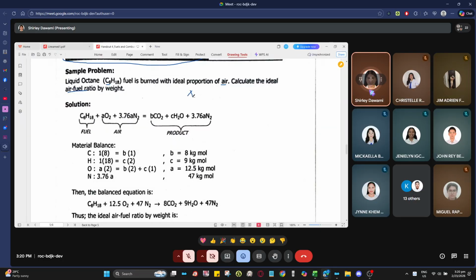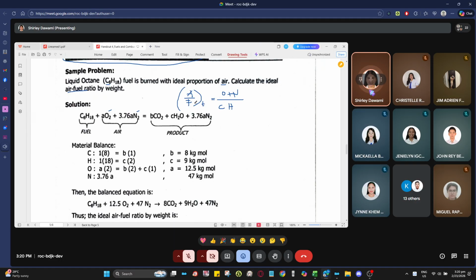So we have the formula for air-fuel ratio, this is ideal or theoretical, di ba? For the air, we have the oxygen and nitrogen, divided by the fuel, so we have the carbon and the hydrogen.